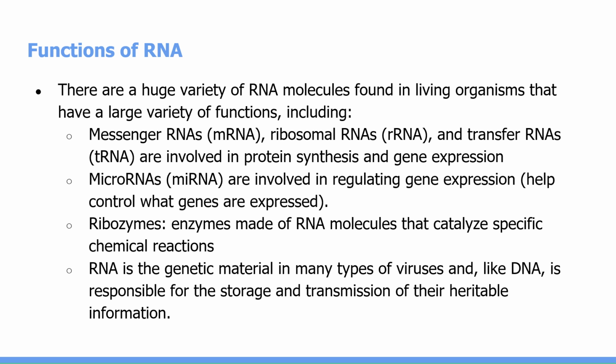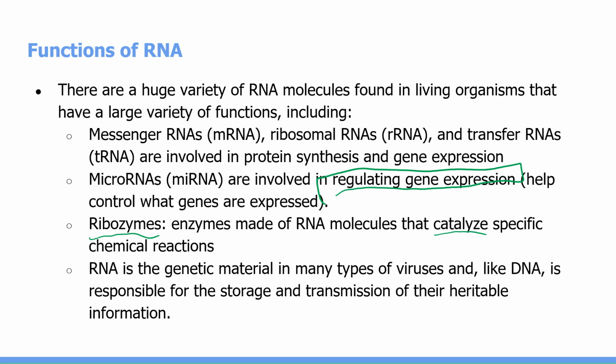Then we have microRNAs, and they are involved in regulating gene expression, meaning they help control how genes are turned on to be expressed or turned off. We have ribozymes, enzymes made of RNA molecules that catalyze specific chemical reactions, just to reduce that activation energy to make it go faster.